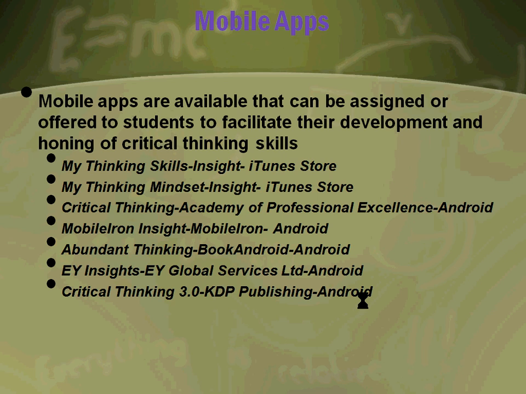There are some others: Critical Thinking, Academy of Professional Excellence, Mobile Iron, and Abundant Thinking, Eyesight, Critical Thinking 3.0. These are available on the Android platform. And these we can actually use on our smartphones to do on-the-go critical thinking skills.